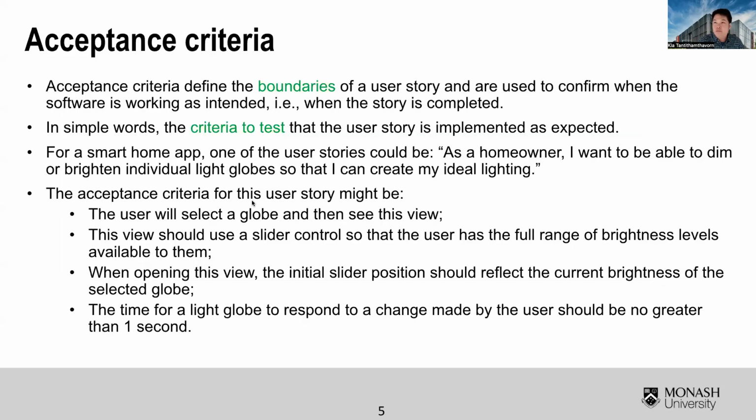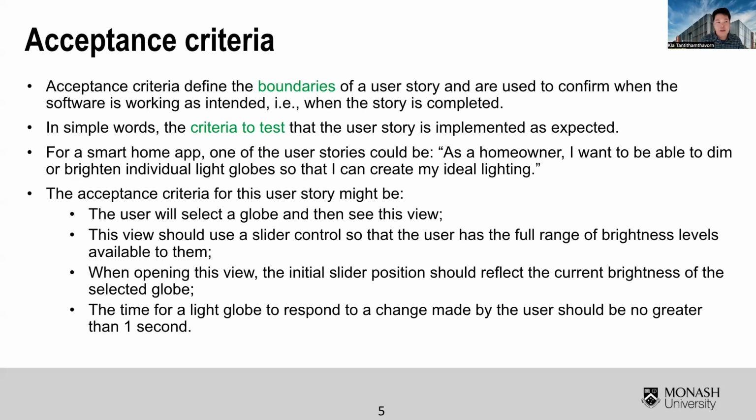When we write a user story, it only describes what the system should do, what the user wants: as a user, I want to do this, as a user, I want to do that. How can we ensure that the user stories are implemented and the requirements are met?